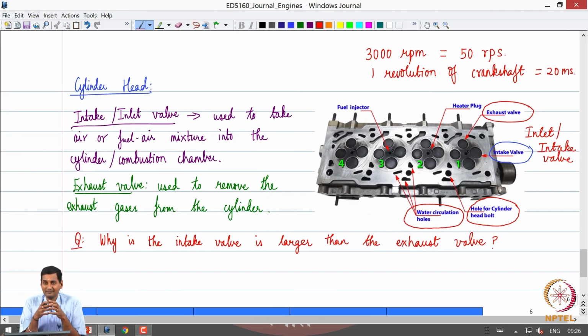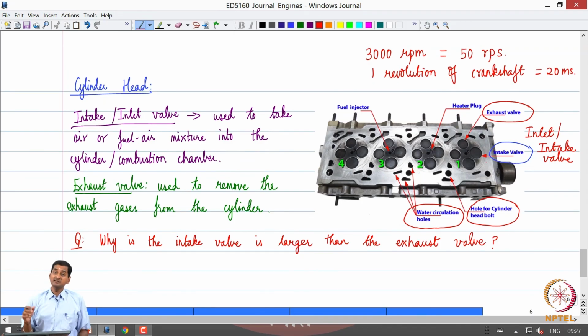Then what do I do? I increase the area because my pressure difference during the exhaust process is higher than the pressure difference during the intake process. And so I would increase the area of the inlet valve to overcome this difference in the pressure difference, okay.